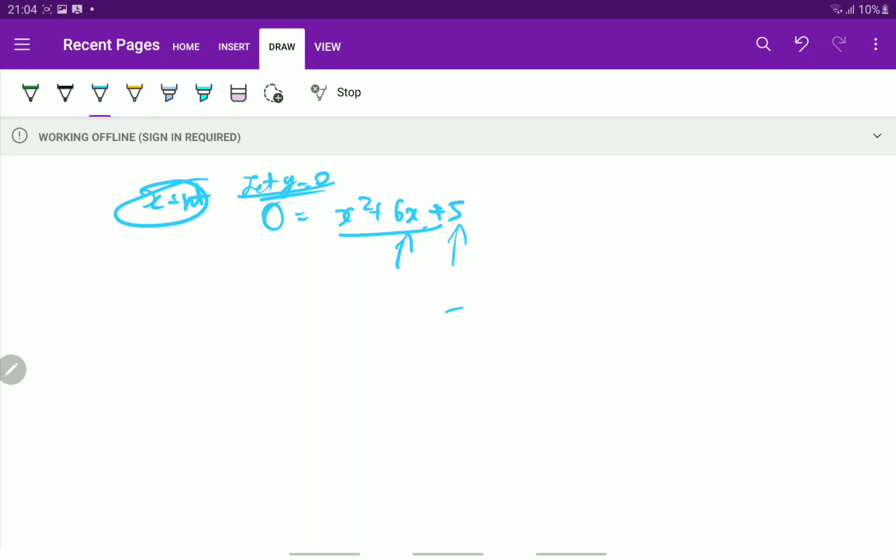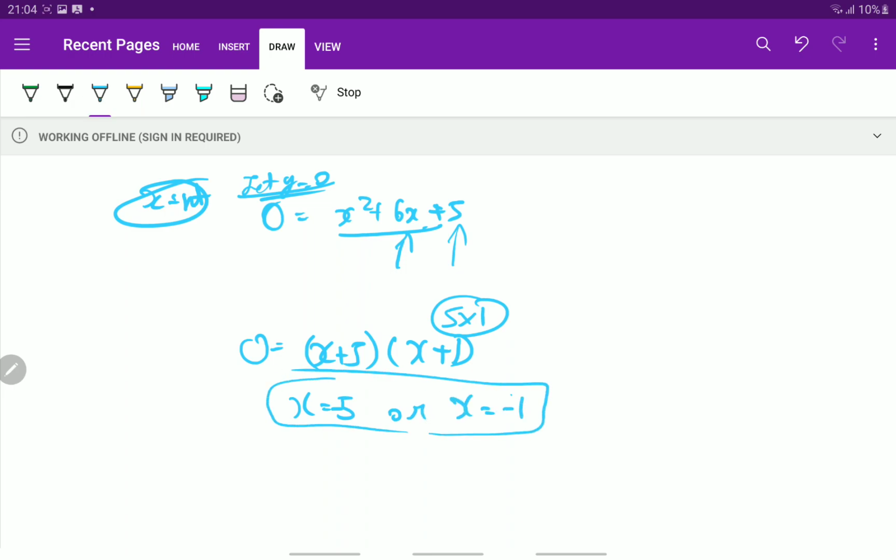All I can think of is 5 and 1. 5 times 1 is 5, and they add up to 6. So x plus 5, x plus 1 is equal to 0. So either x is equal to negative 5 or x is equal to negative 1. So the two x-intercepts are minus 5 and minus 1. So this graph has two x-intercepts.